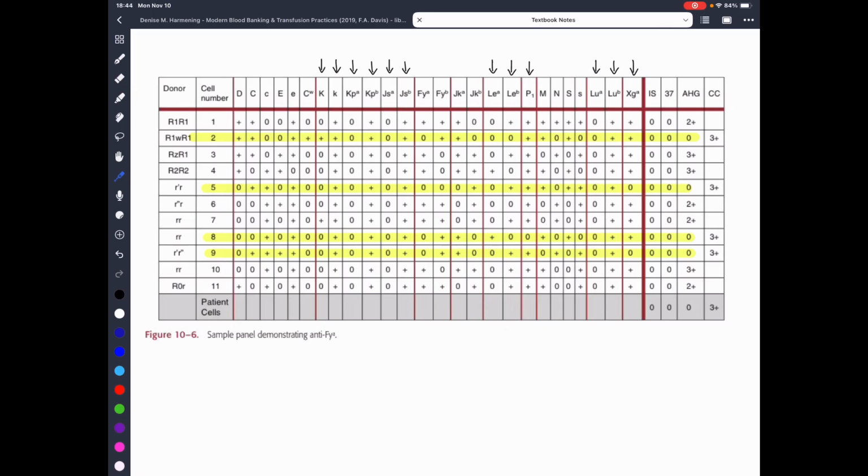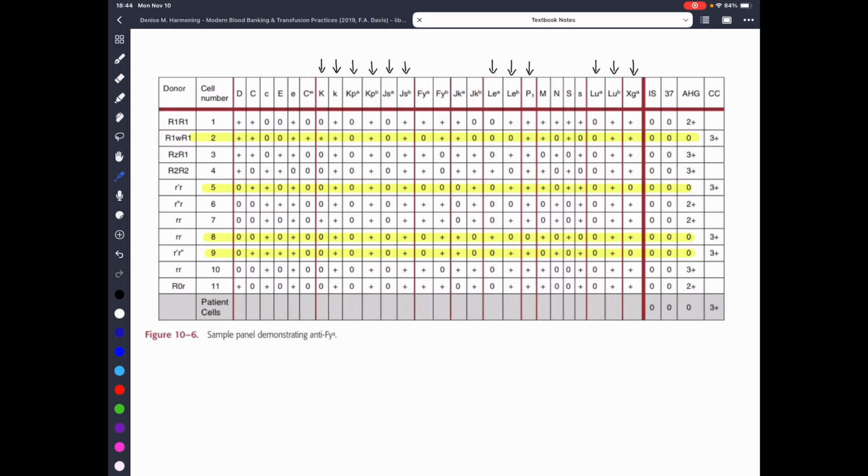And so I'm going to explain what dosage is and how it affects the crossout method. Chapter 10 explains this a bit in a few paragraphs, but I just want to go into it in a little more detail. So these antigens with arrows do not show dosage, and the ones without arrows do show dosage.